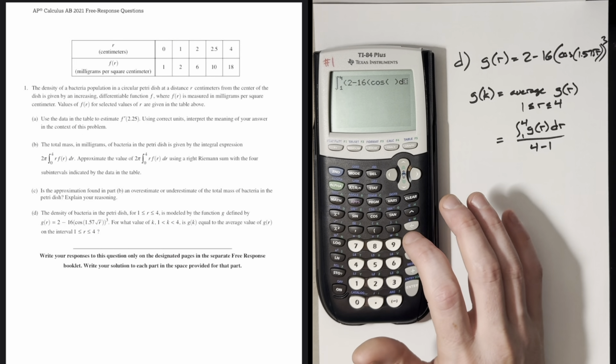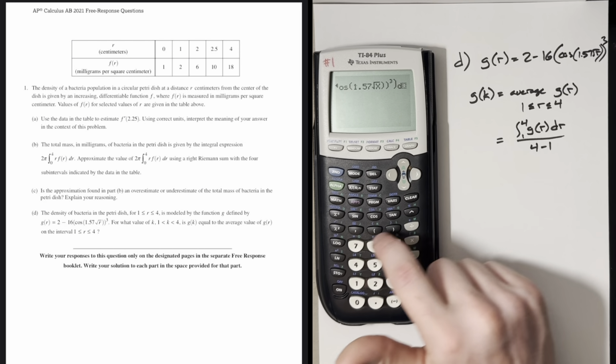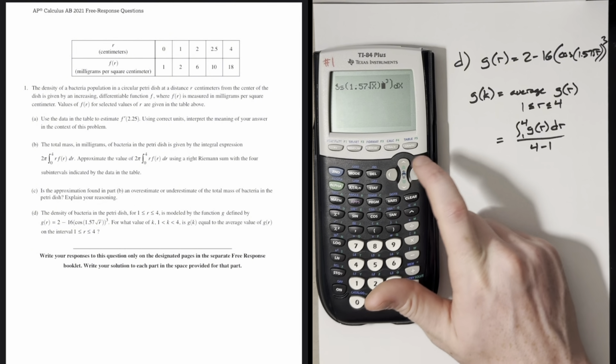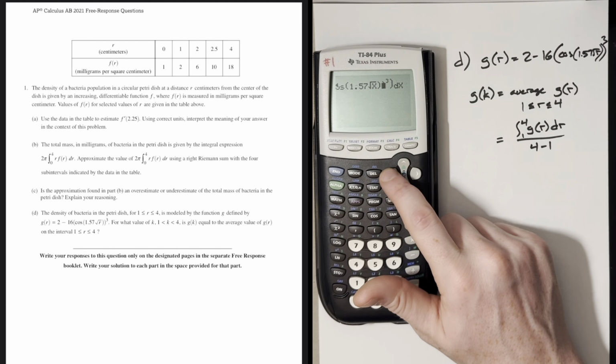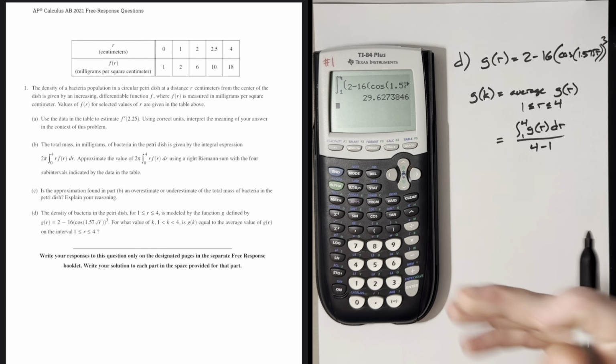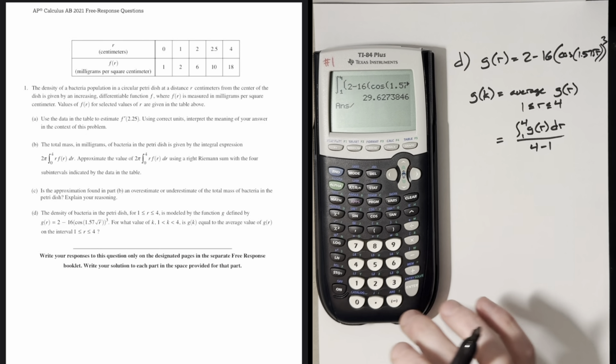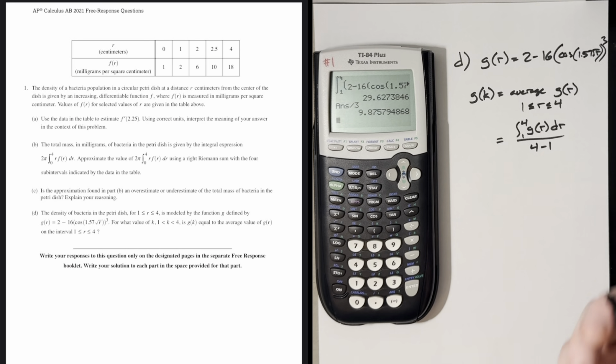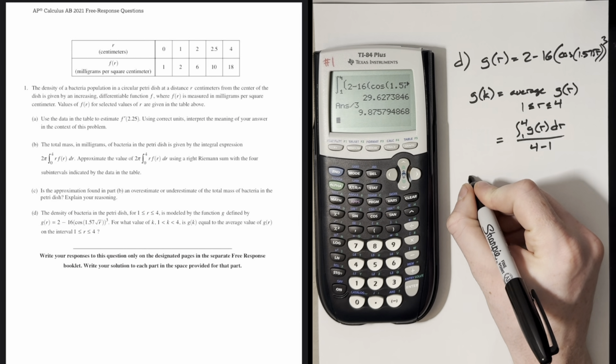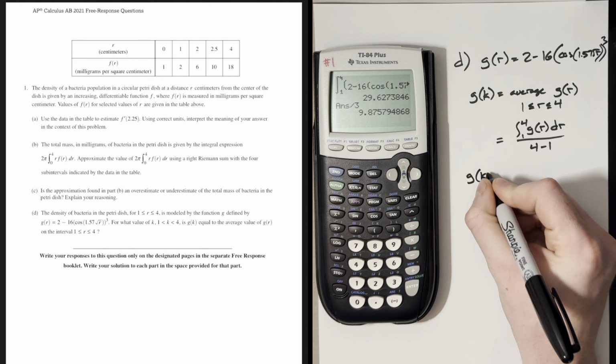So it's the cosine of that cubed, another parenthesis, dx. Let me make sure I got 3 parentheses on that side. I got 1, 2, 3. Okay, so I'm feeling good. I click enter, and I get this value, 29.62. But I need to divide that by 4 minus 1, which is equal to 3. So I get this value, and that is what g of k has to equal.